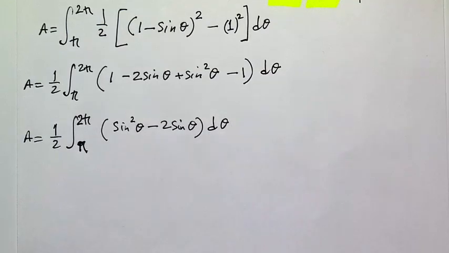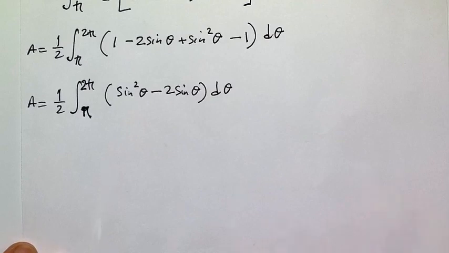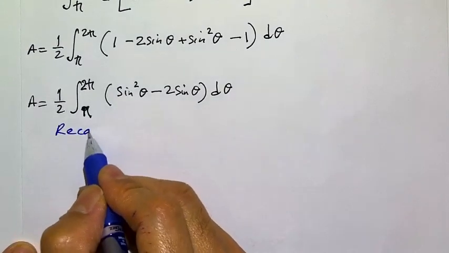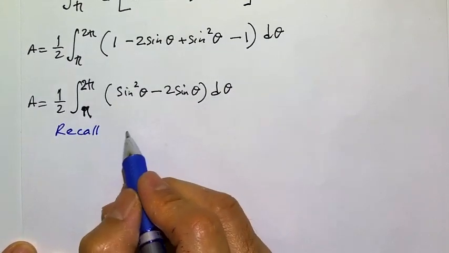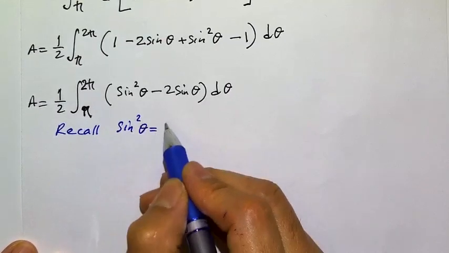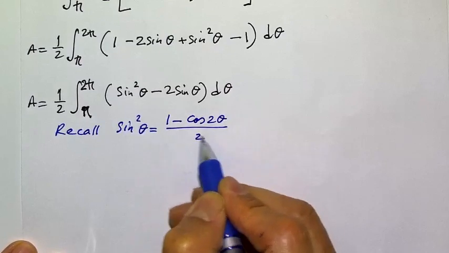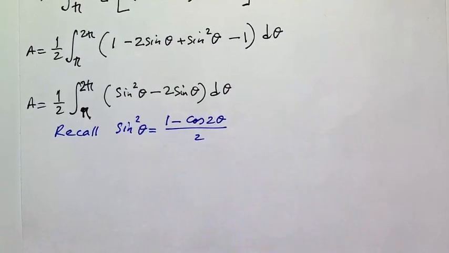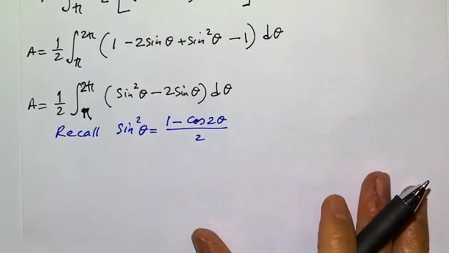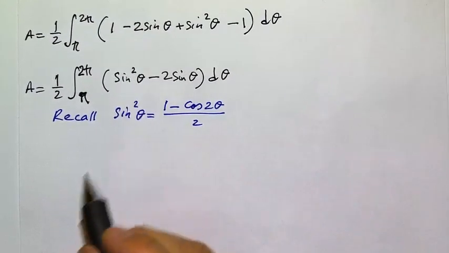And recall that useful formula that has helped us so many times. So recall that sine squared theta is equal to 1 minus cosine 2 theta over 2. And then, so let's substitute for that.